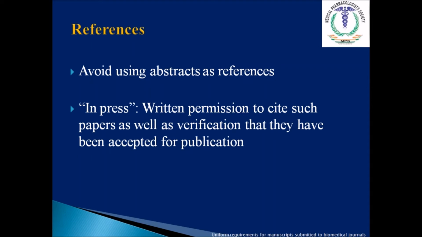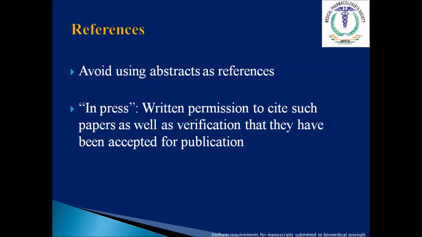Another important thing for references is that there are some articles where the author would have received a letter from the journal saying that your article has been accepted for publication, and this is called an article in press. The article has not been published but is accepted. So we need to get written permission to cite such a paper, and we have to verify that it has been accepted for publication.